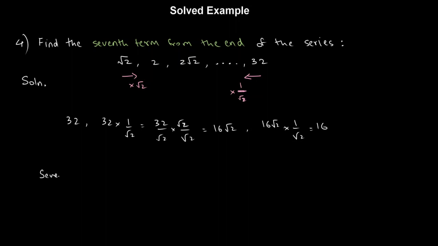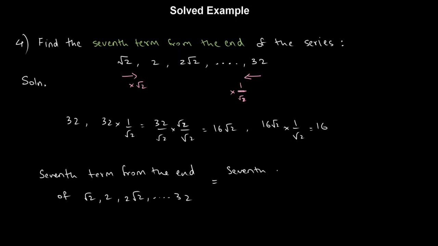The seventh term from the end of square root 2, 2, 2 root 2 and so on, all the way till 32, is equal to the seventh term of the series 32, 16 root 2, 16, and so on, all the way up till root 2.